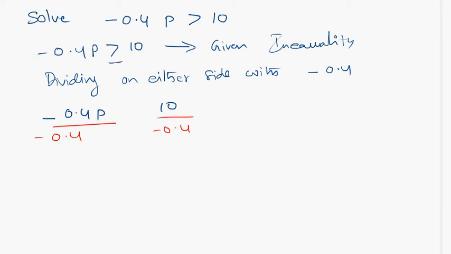Here it is greater than, now it becomes less than, because we are dividing with a negative number. So this becomes p less than, you can use a calculator, or it is negative 25, because I know the answer. p is less than negative 25. So if you draw this on a number line, p takes all the values which are less than negative 25.